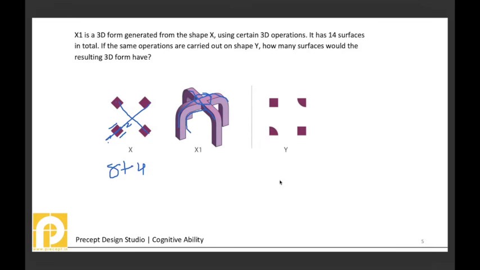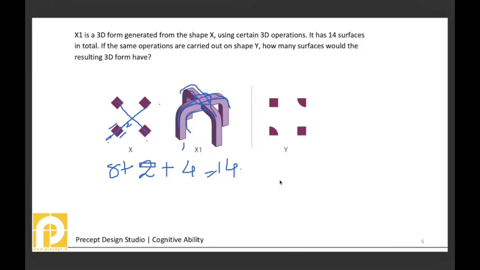So actually it will be just 2 surfaces. Why? Because this is one continuous surface like this across and then the same cross happens at the bottom. And then plus besides that we have 4 more surfaces which are the base of it. That accounts to 14 surfaces.